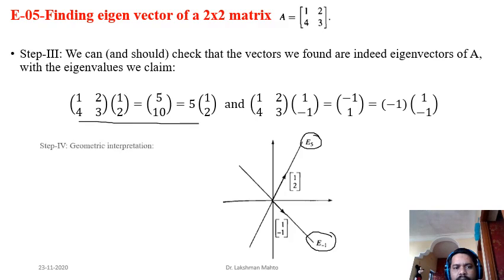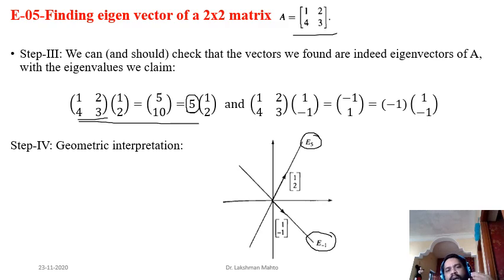If you apply the matrix to (1, 2), it doesn't change the direction; it is just a scaling by 5 in the direction of (1, 2) itself. So that's why (1, 2) is an eigenvector of the given matrix A, with scaling factor 5. That scaling factor we call the eigenvalue.